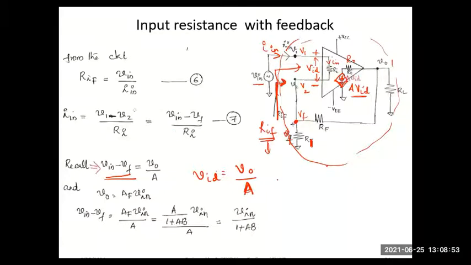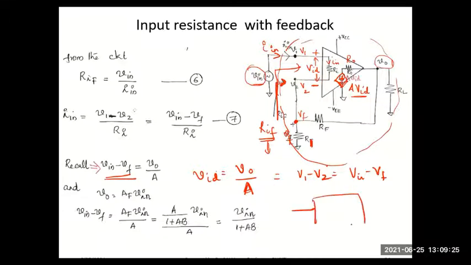And what is Vid in this case? Vid is V1 minus V2 or Vin minus Vf. Therefore, I can equate this Vin minus Vf to V0 by A, and V0, the final output voltage, we know can be written as the actual input voltage which is applied into closed loop gain.